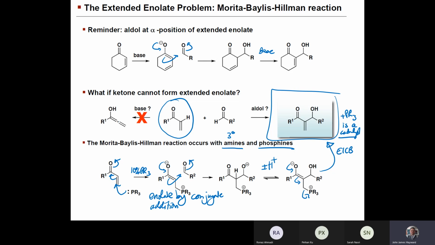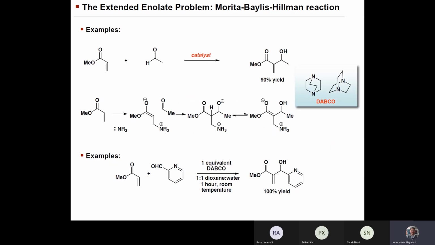Most commonly, amines are actually used for this. Phosphorus often works slightly better, but can be more difficult to get rid of. And the classic amine that is used is actually Dabco. Okay. Dabco is a very, very cheap amine. Most simple amines are. But although it's very cheap, it's very good. It can actually be quite slow.